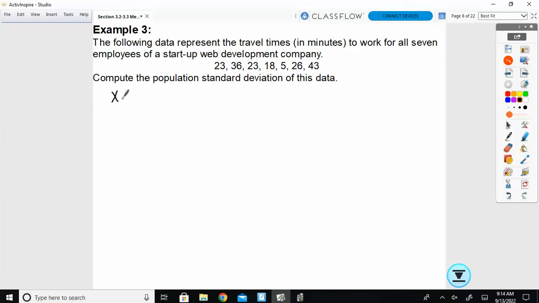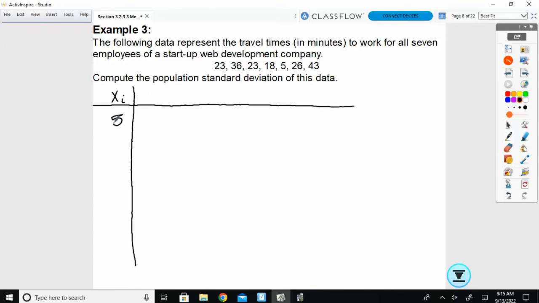So what I'm going to do is make a table. In the first column, I'm going to put x sub i. That's just our original values. You can put them in any order. You can put them in increasing order, the order they showed up, it doesn't matter. I like putting them in increasing order, it just makes more sense. But it totally does not matter what order you write them in.